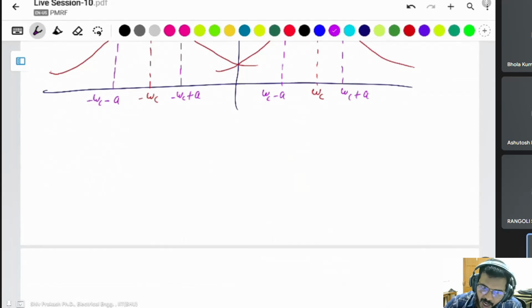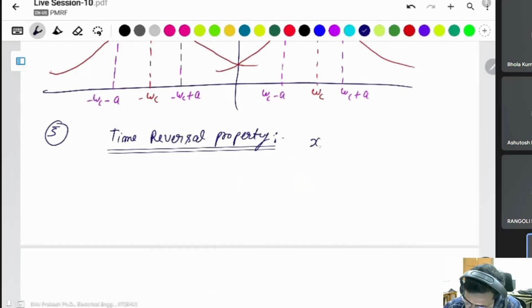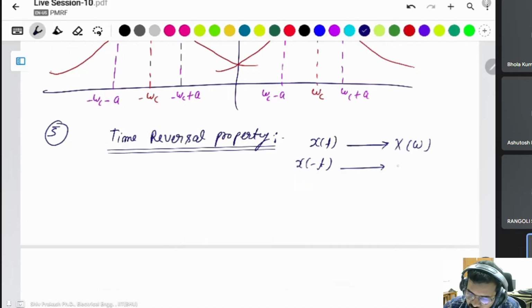Okay. Next property is the time reversal property. I have some Fourier transform X of omega. If you reverse this one in time, it will simply be reversed in frequency.